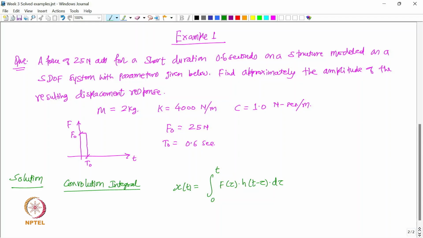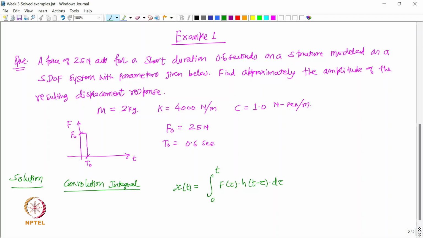Here tau is a dummy time variable. So, we need to integrate the force multiplied with the impulse response function over 0 to t. We derived the basis of this integral in the lectures, but you then need to perform this integration in order to find the response exactly.